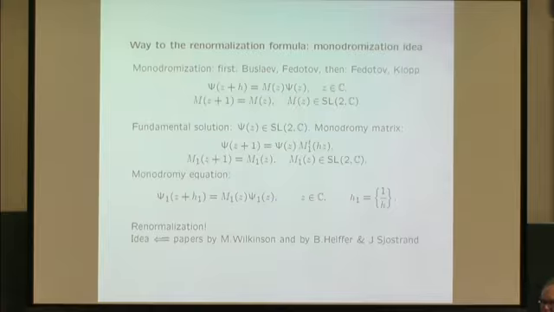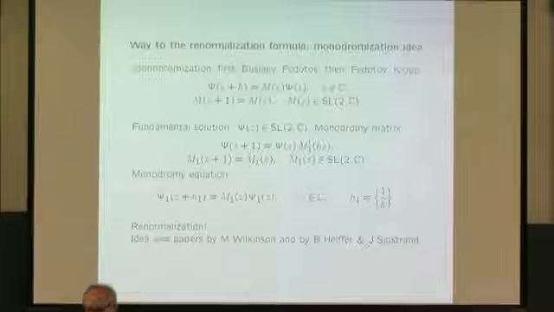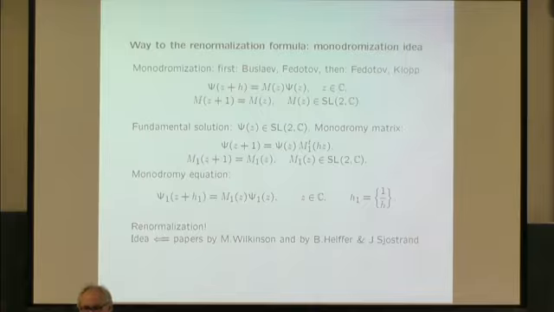It is the minimal entire solution. This relation between the input equation and the monodromy equation, in the case of the Maryland equation, plus the choice of psi as a minimal meromorphic solution, has led to our renormalization formula. We get the renormalization formula using this monodromization idea and the idea of the minimal entire meromorphic solution.